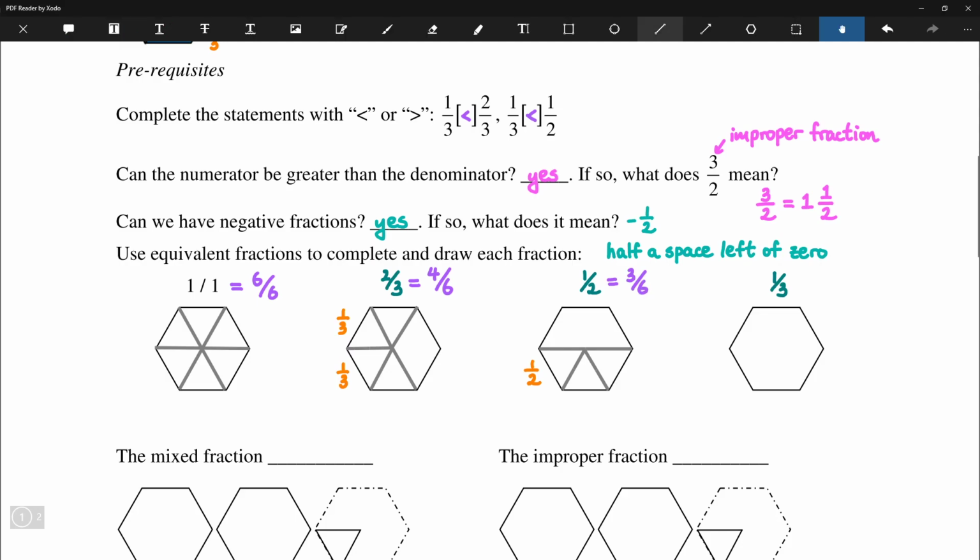And finally, if we have 1/3, just one corner in the bottom left here is 1/3, and we can divide it into two parts. So this will be equal to 2/6.